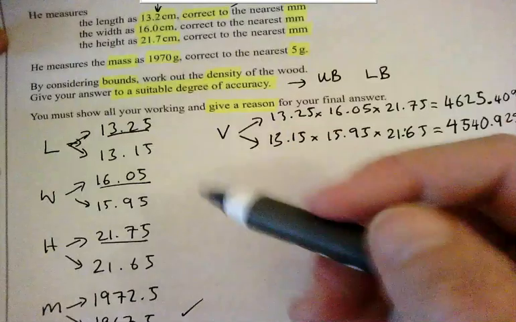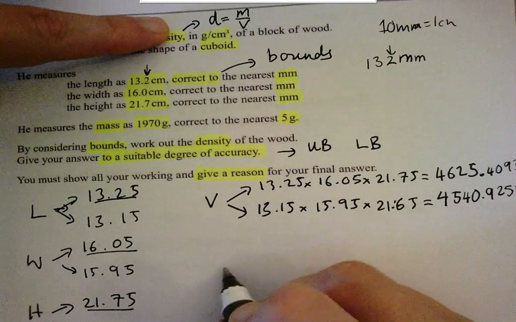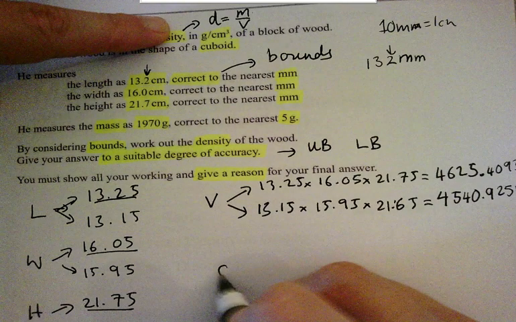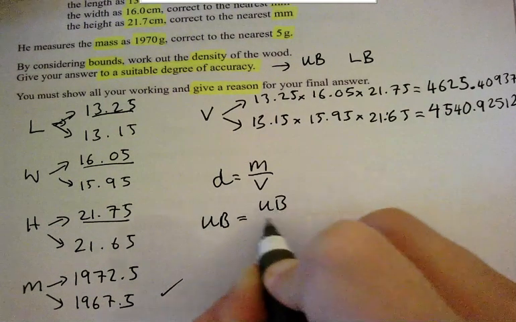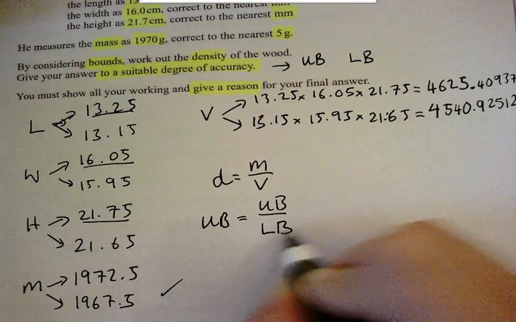Okay, now I'm ready to think about my calculation for density. I know density is mass over volume. To find the upper bound, I would need to do the upper bound for mass divided by the lower bound for volume.